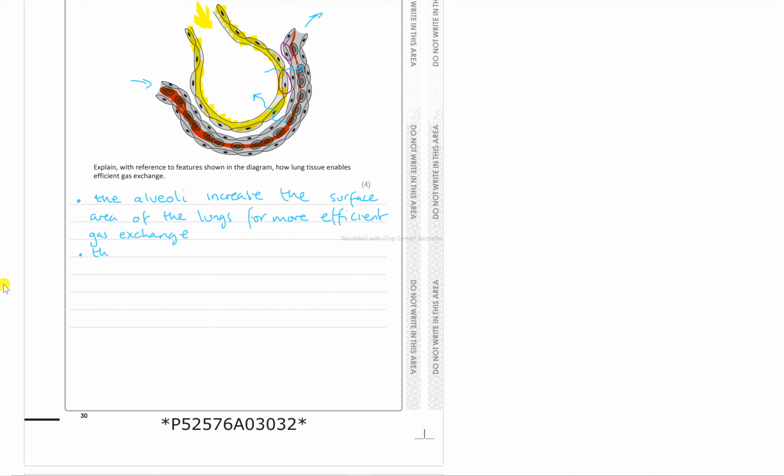Right. The alveoli is a single cell thick, one cell thick, and the capillary is one cell thick.